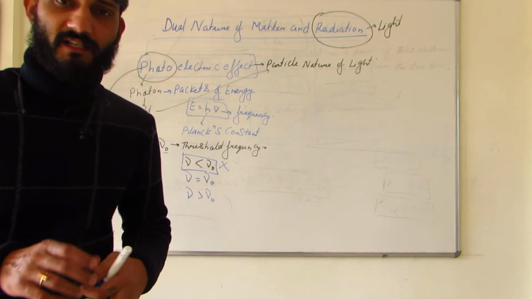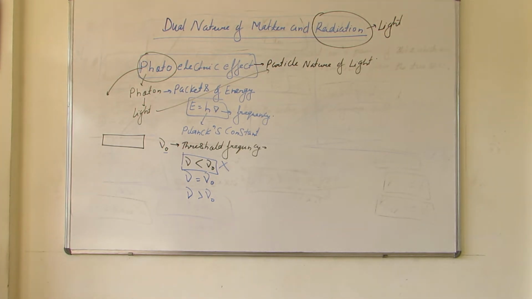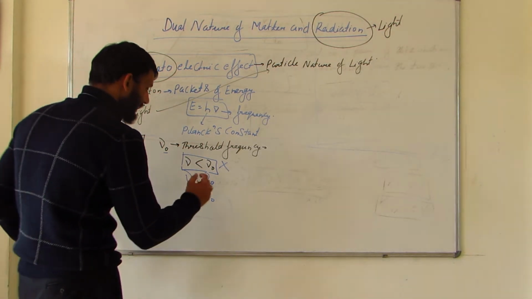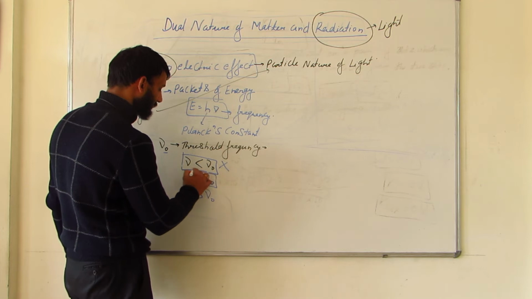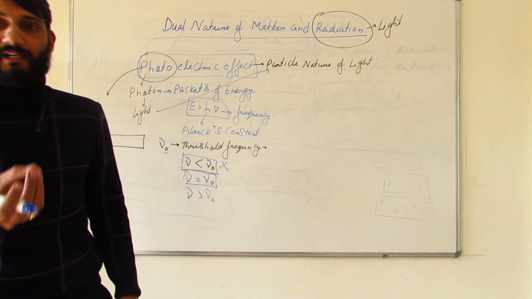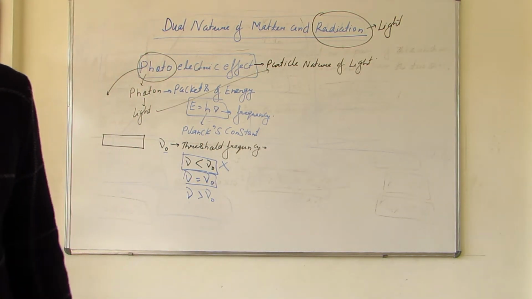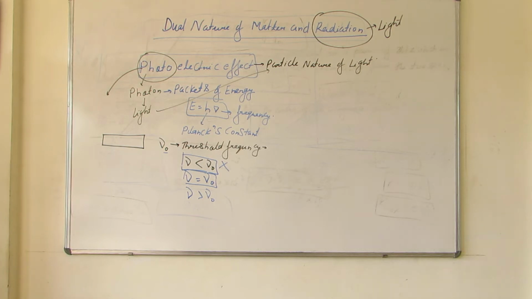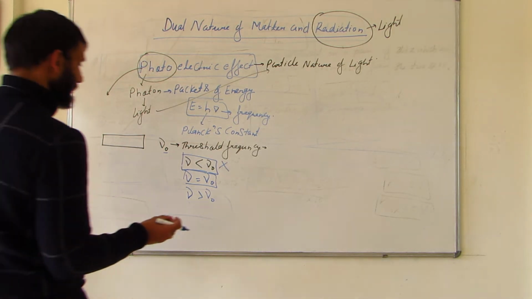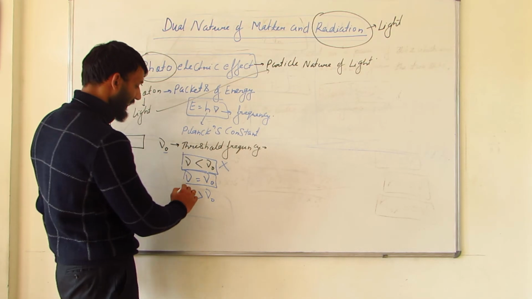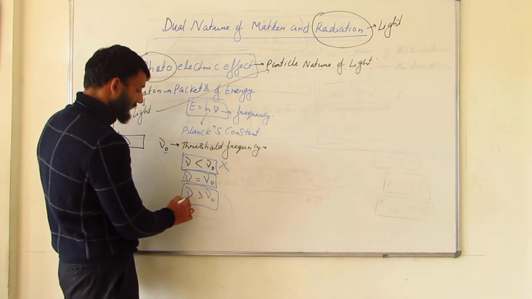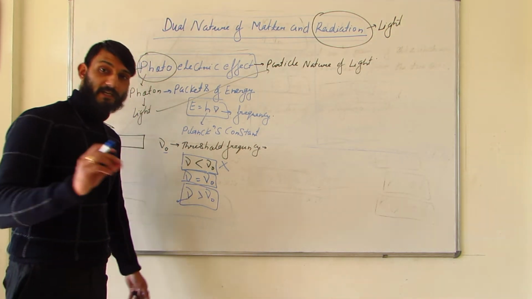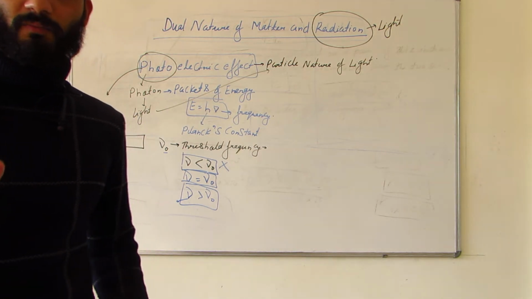Now the point is, what is the difference between these two? Is there any difference? Answer is yes. In the case of nu equal to nu naught, the electron will be emitted at the surface and it will not move at all. It will stay at the surface. Here, in the case of nu greater than nu naught, the energy h nu will be divided into two parts.